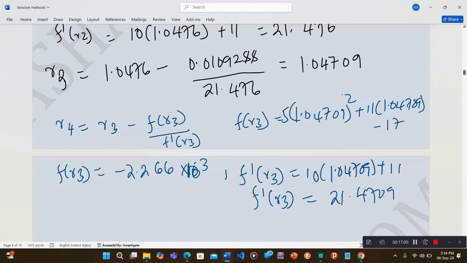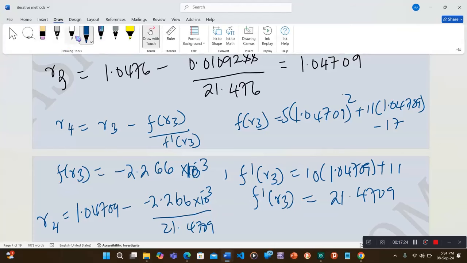What we do, we put it in this formula for R4. So our R4 should equal R3, which is 1.04709, minus this negative 2.266 times 10 to the power negative 3, divided by 21.470.